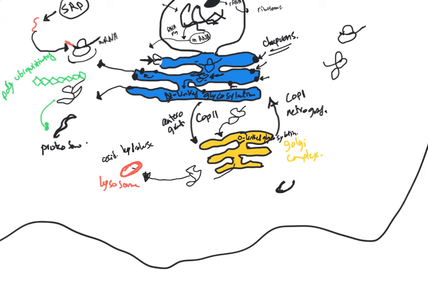How does this enzyme reach the lysosome? Well, there is a tag which is called M6P, mannose 6 phosphate.